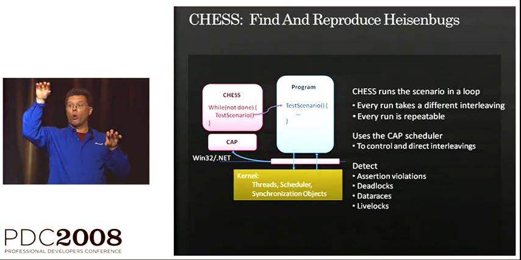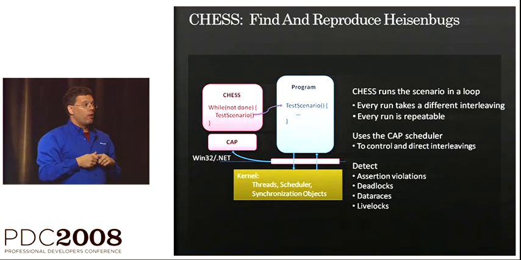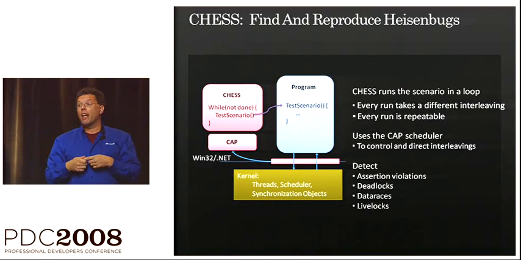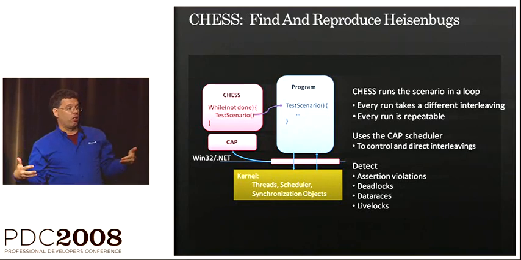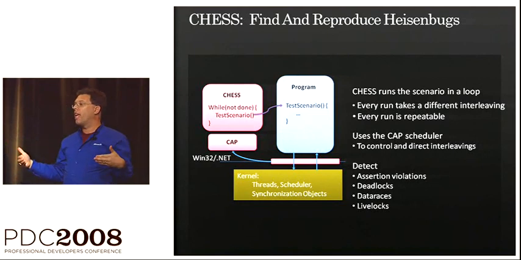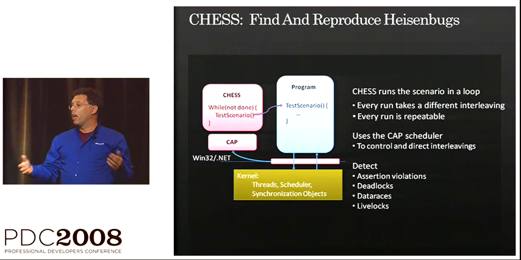So there might be another order where the write comes before the read, and you might get different results. And CHESS can also find live lock, which is a lack of progress. All the threads are doing things, but nothing's happening in your system. We've seen that a number of times in programs where you're waiting on a program and it seems to be spinning but not doing much.